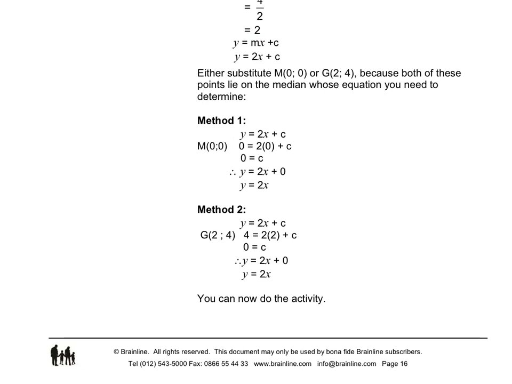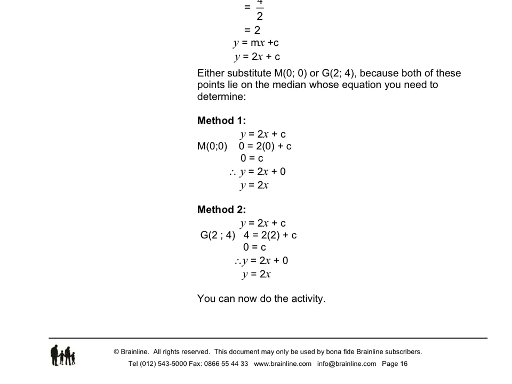Now we can either use the midpoint M, which is on that line, or the point G, where x is 2 and y is 4, to substitute into the standard equation in order to solve C. So if I use my origin, my midpoint, and substitute x with 0 and y with 0 as well, C is also equal to 0 then.